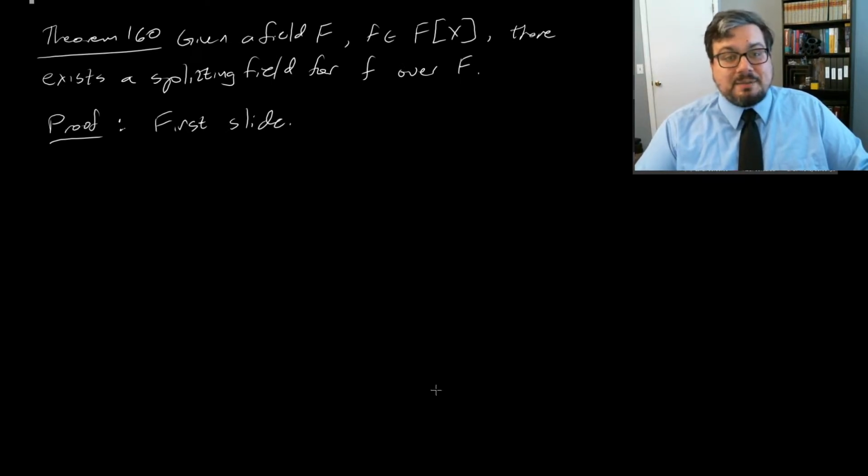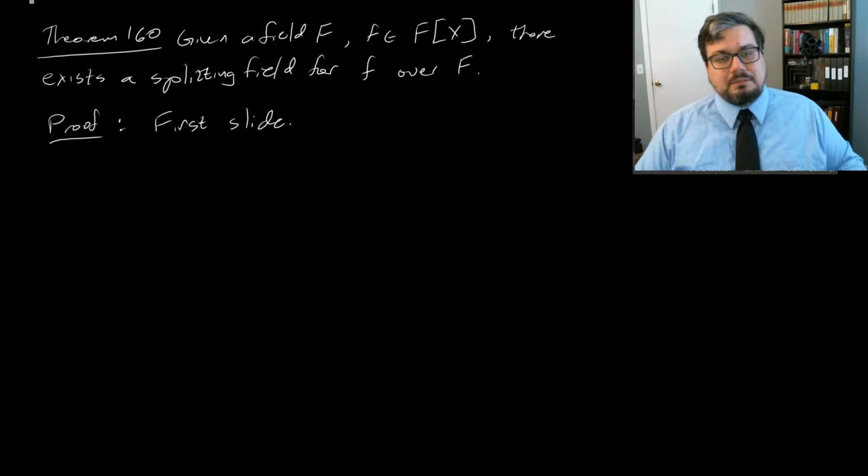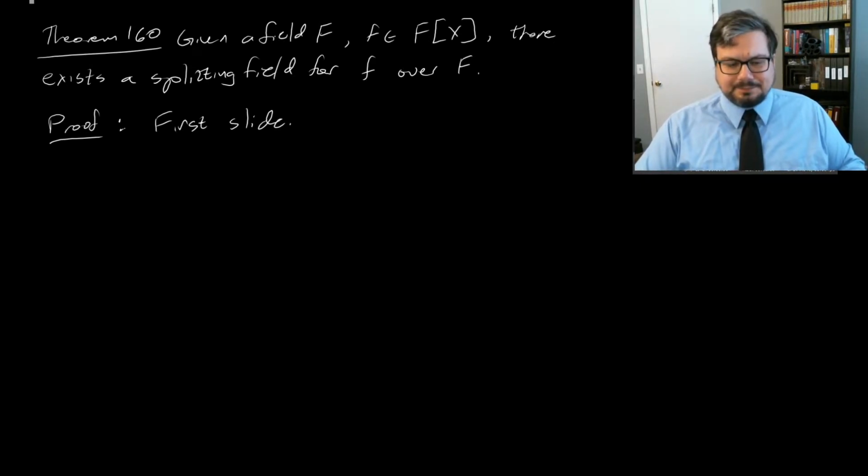Or if you want to think about it another way, we take the polynomial f, we factor it as much as possible, and then any factors it has that aren't linear, we move up to a bigger field where we can factor out a linear form, and then if we're done, great. If not, we keep doing that. We just keep moving to bigger and bigger extension fields until we're done.